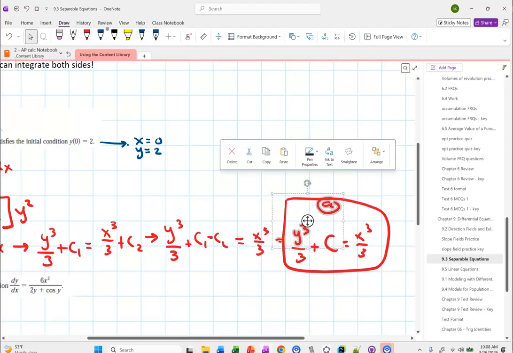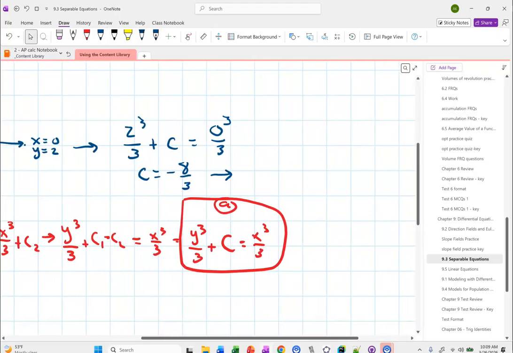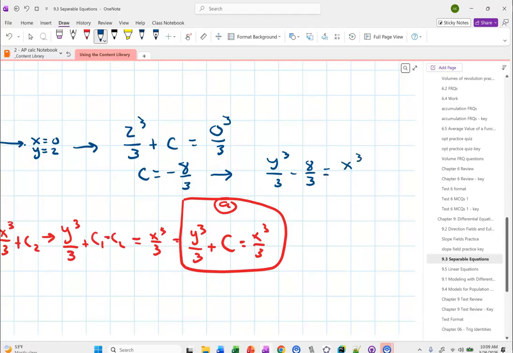So if I take that here, we have 2 cubed over 3 plus c equals 0 cubed over 3. So c is negative 8/3. So I can say that.